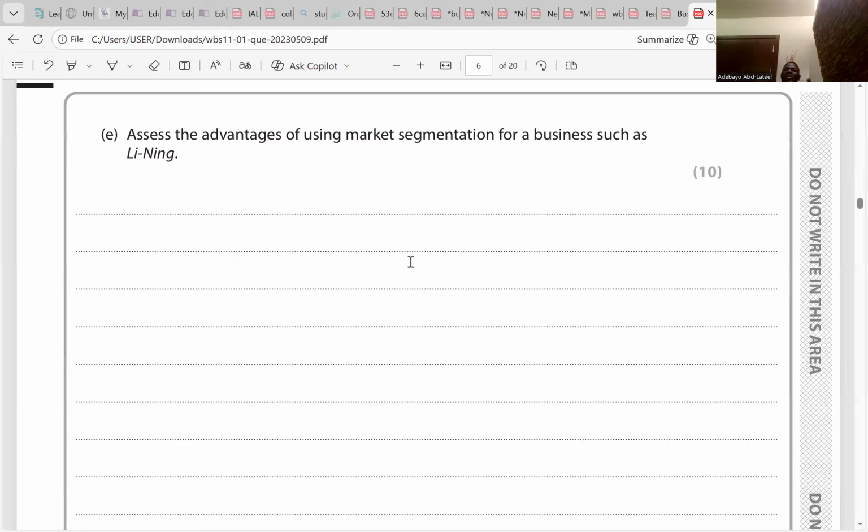If your advert is directed to a specific group of customers, it simply means you can increase your views and you can increase your revenue, because those customers that you've directed your adverts to are those who need your product. And because your advert is directed to them, it might motivate them to buy from you, and that increases your revenue. Yeah. Get the first point here.